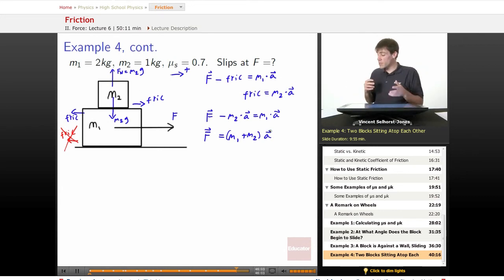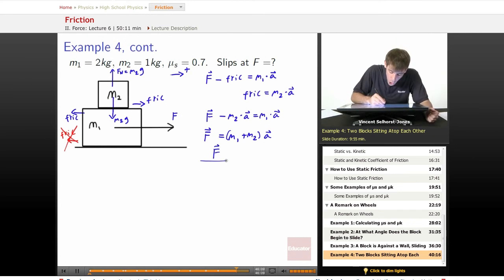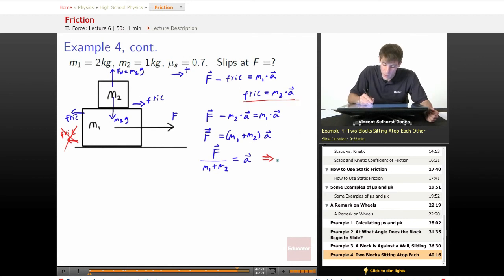All right, we can sub that back in though, and we can now figure out what is friction. So F over M1 plus M2 equals the acceleration. We plug that back in to this formula right here, and we get that the friction is equal to M2 times F over M1 plus M2, getting a little cramped there.